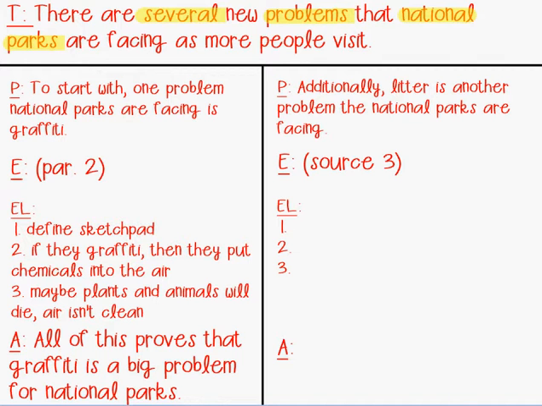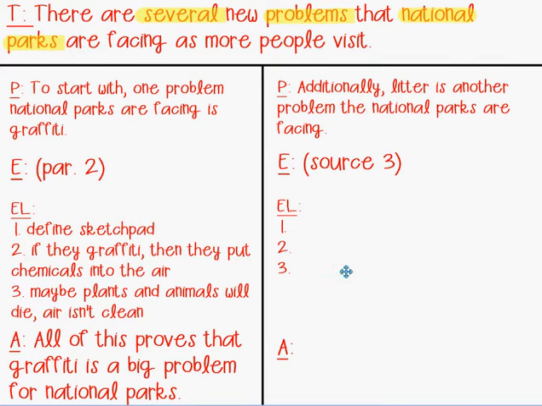And for national parks, since I know a national park means it's protected and it's an environmental area, I'm going to call it a protected environmental area. So I'm saying it's a national park, but describing it in a different way.